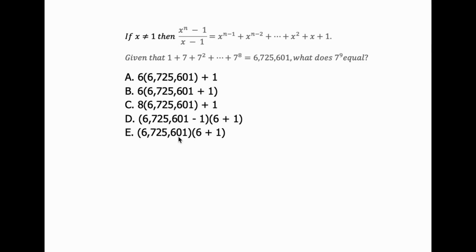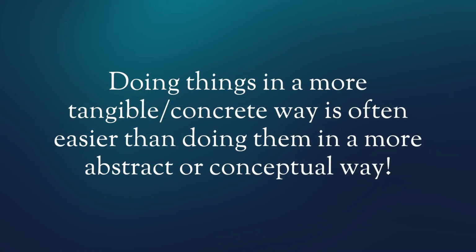Well, I'm going to repeat something I actually said in the previous video, which is actually a couple of things. One is, again, doing things in a more tangible or concrete way is often easier than doing them in a more abstract or conceptual way. So I think the idea would be to try to get in here and start putting in some numbers. And a second point is that making things more tangible, more familiar, more intuitive often opens a window into a deeper understanding of what's really happening in the question.